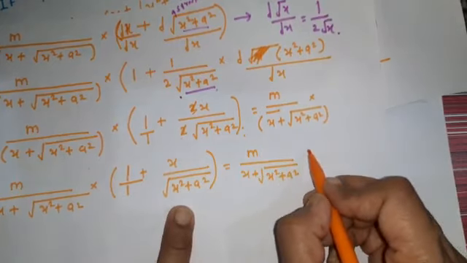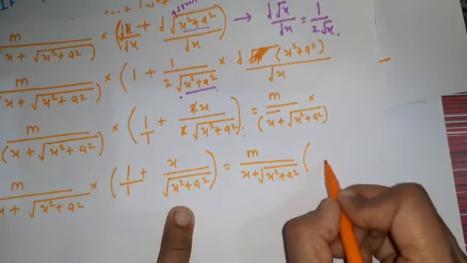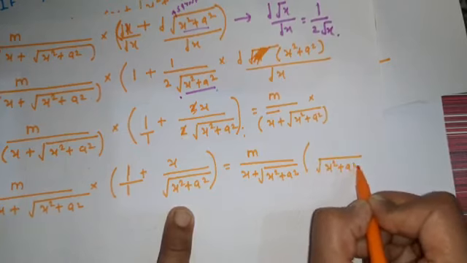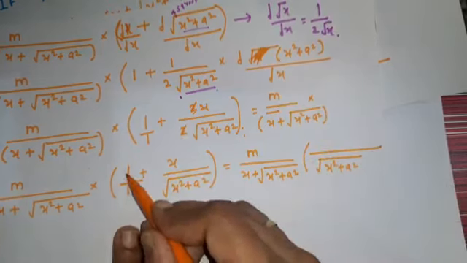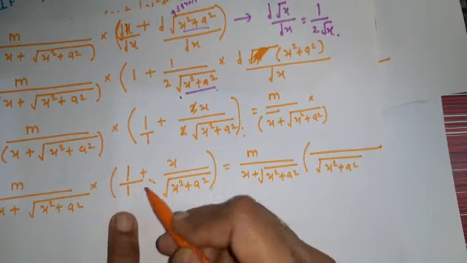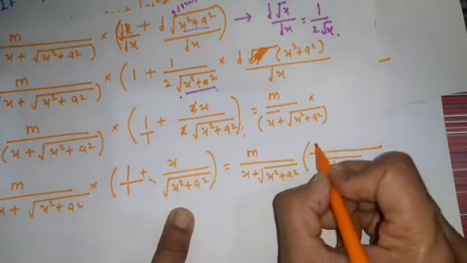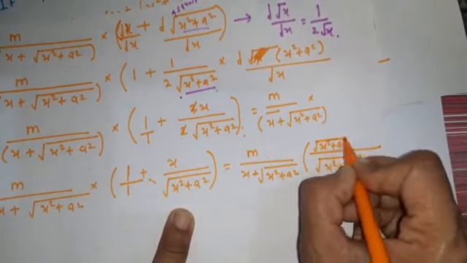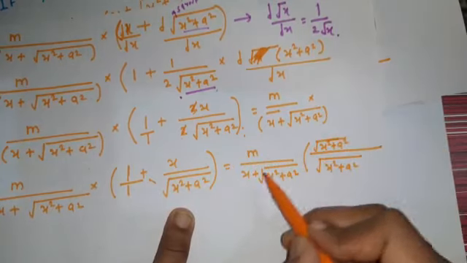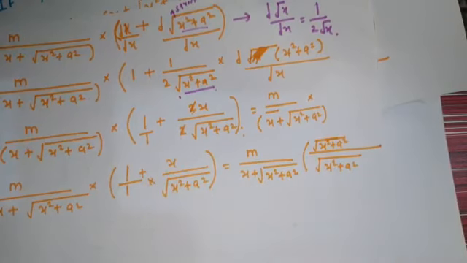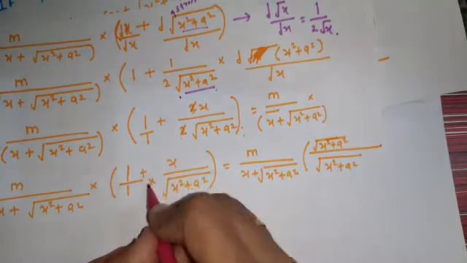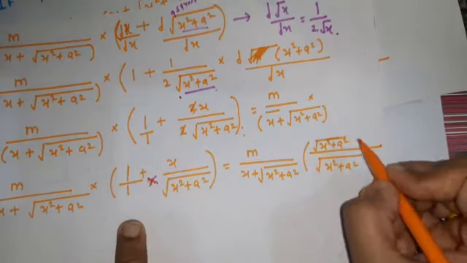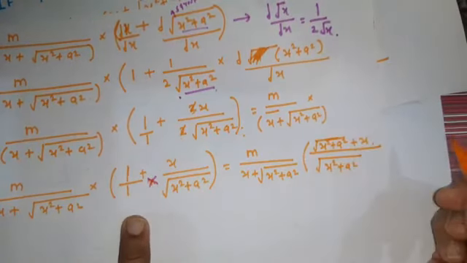In this term the denominator will be x square plus a square, and now multiply by using cross multiplication, that is 1 into x square plus a square, that is x square plus a square, square root of x square plus a square. Okay, and now 1 into x is plus x.